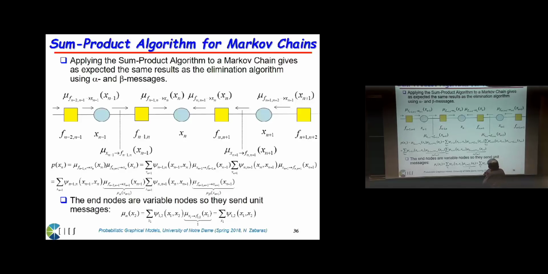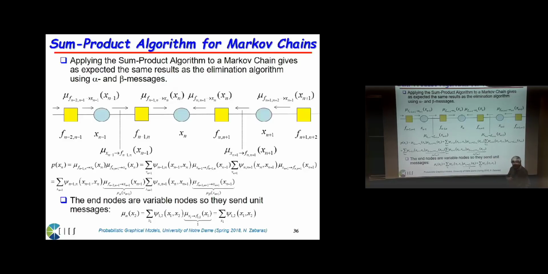Take the factor itself, multiply with the incoming message, and then integrate out all the variables but xn. Because this is a Markov model, integrate out xn minus 1. So you take the factor, which is f n minus 1 comma n, that's the conditional probability really, times the message that comes from the node xn minus 1 to this factor fn minus 1 comma n.